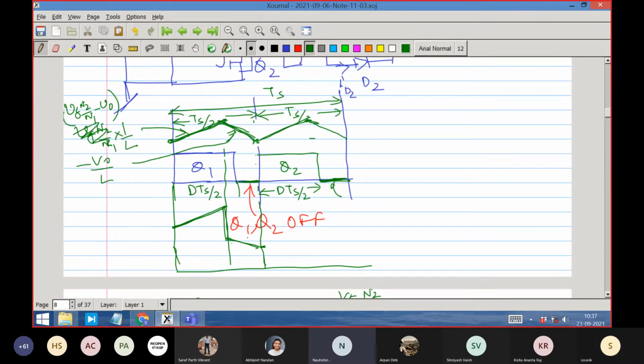What is the time instant till which the current in the diode is increasing? During the time Q1 is on. Maybe my drawing is slightly wrong, that's why you are getting confused. Q1 is on up to this, and this is the switch here. This is the inductor current. First sketch the inductor current.